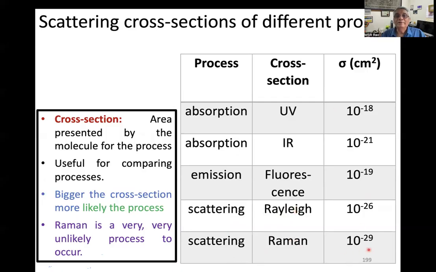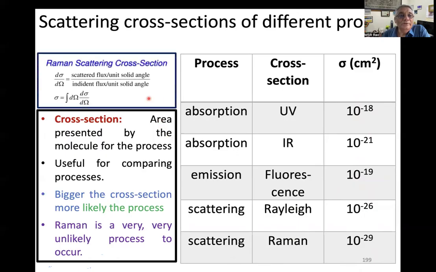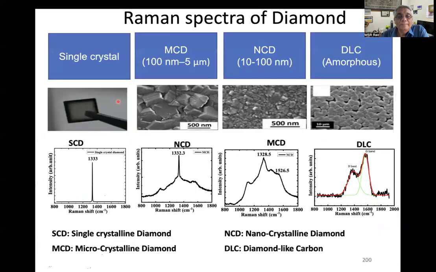You see the Raman scattering cross-section is 10 to the power of -9 compared to other processes, which means the scattering cross-section is given by that relation, d sigma by d omega.